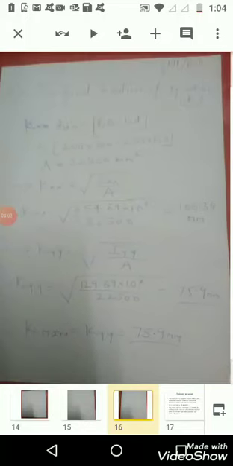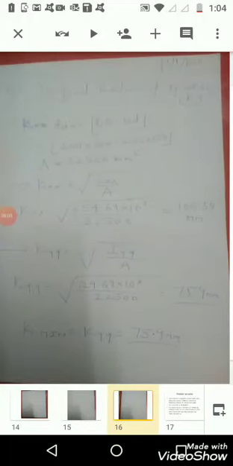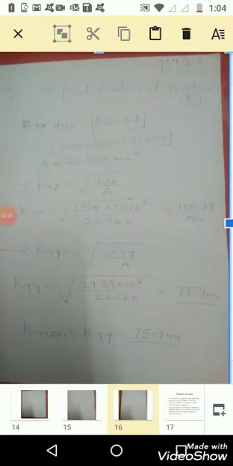Now we have to find the radius of gyration. First find the area, which is equal to BD minus small b small d. We get the area 22500 mm squared. Kxx is equal to under root Ixx divided by A, which is under root 254.69 into 10 raised to 6 divided by 22500, which is equal to 106.39.